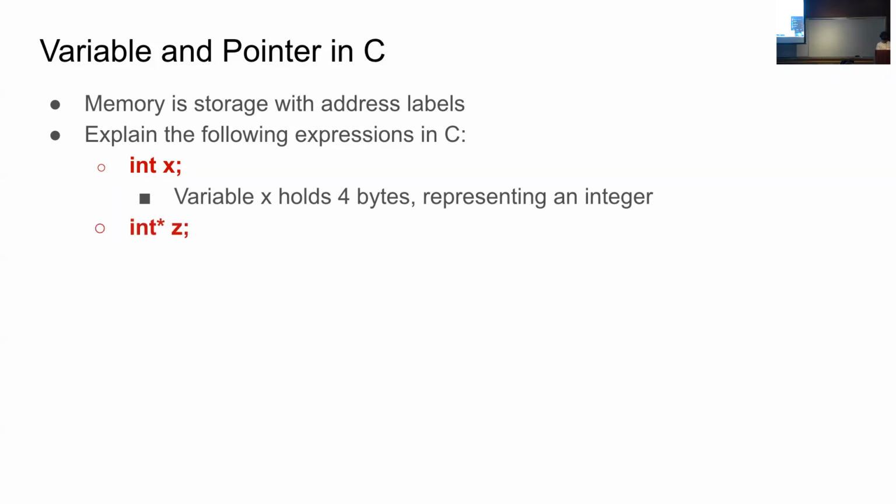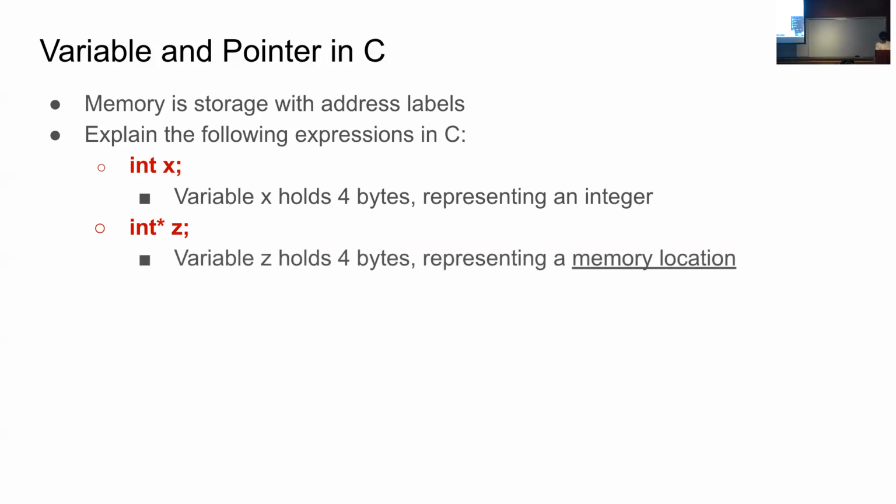So what does this code do? Int star z. Any ideas, either from Zoom or in person? Yeah, exactly. And how large is a pointer to an integer, at least for this class? Yeah, 4 bytes. So variable z holds 4 bytes, and this just represents a memory location.